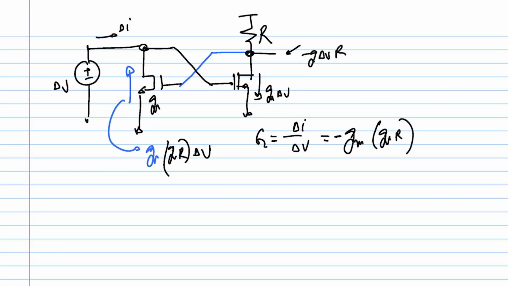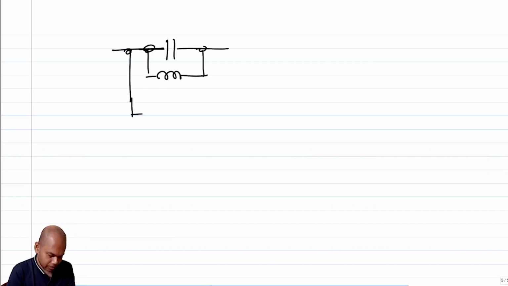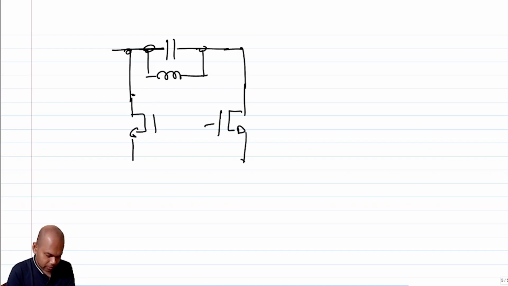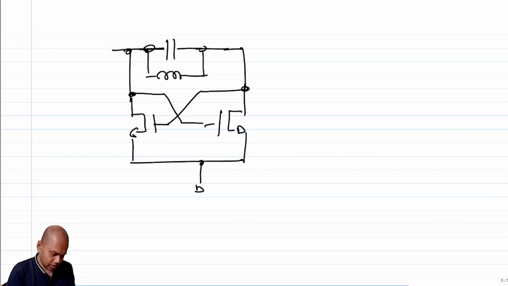All I need to do then is, I know that I have this LC circuit, I have this LC tank. I can simply connect, by the way all are incremental till now, I have not shown biases, I can connect them like this.